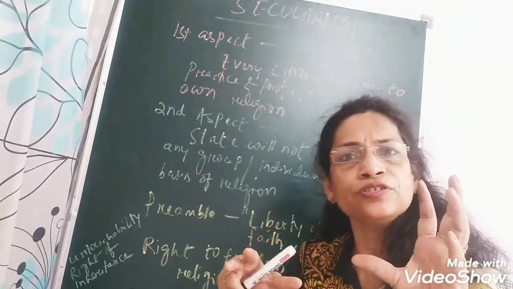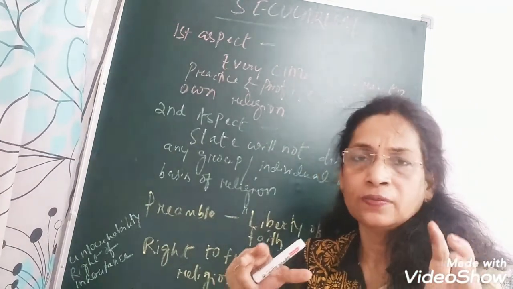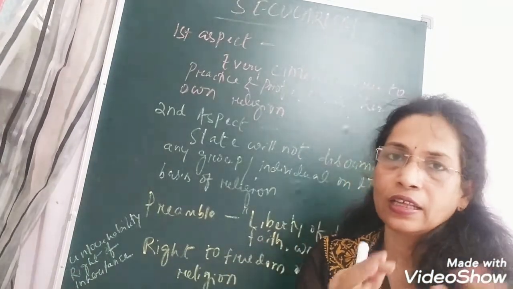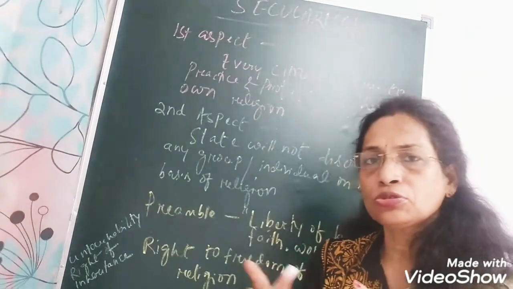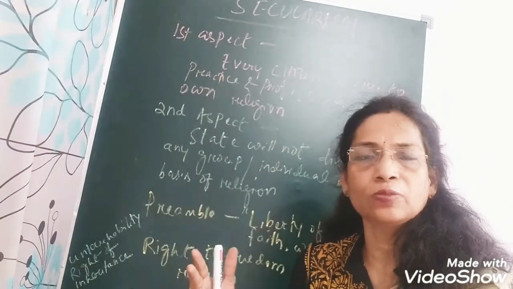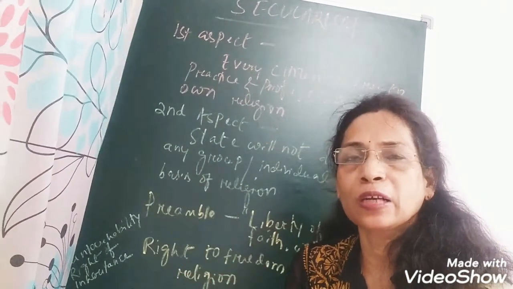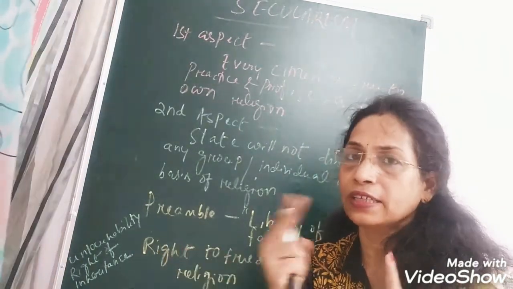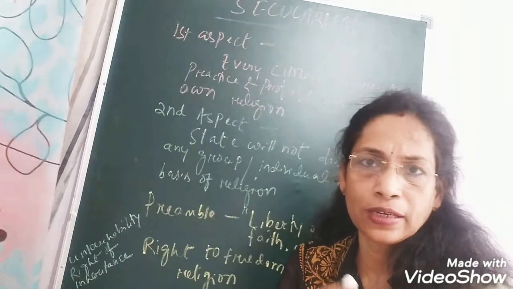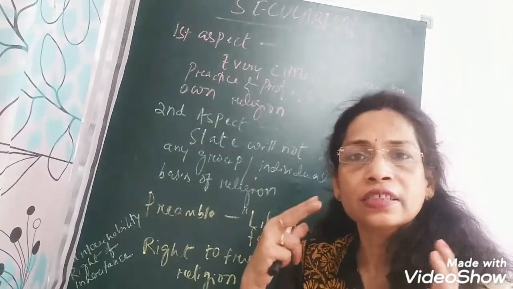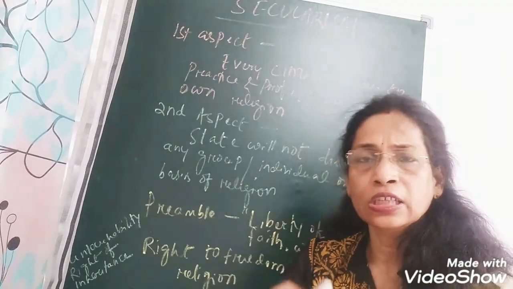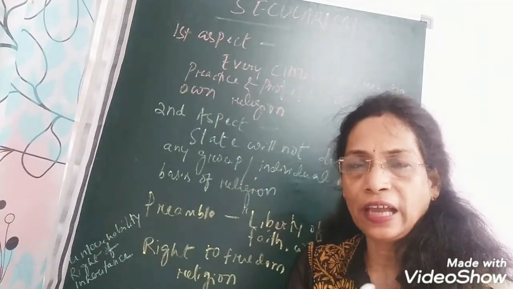Now all the children of a parent will have an equal share in the property, whether male or female. Recently you have seen that the present government has come up with the end of the policy of triple talaq. That is also an interference in matters of religion. So the government sometimes interferes in matters of religion to eradicate social evils.